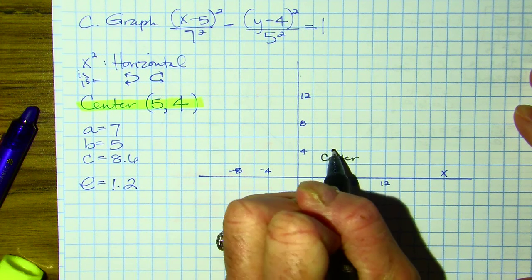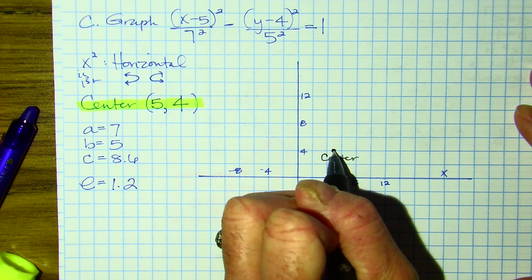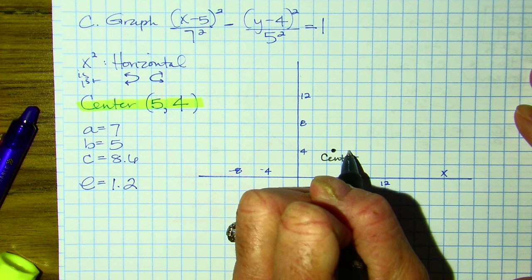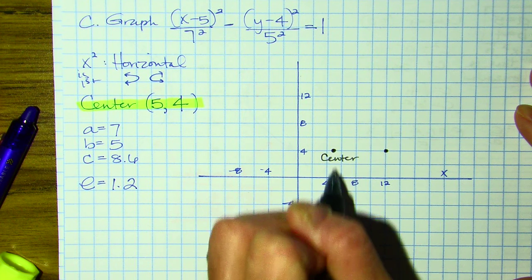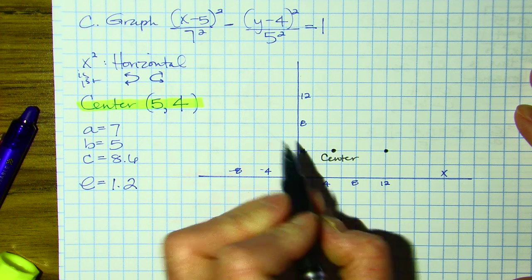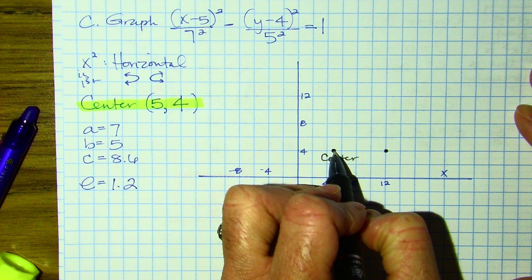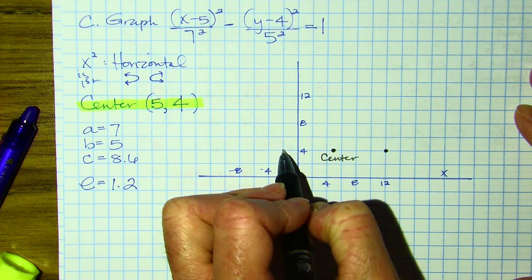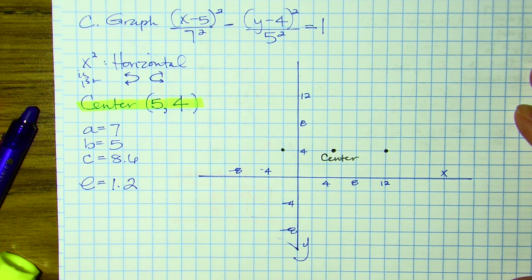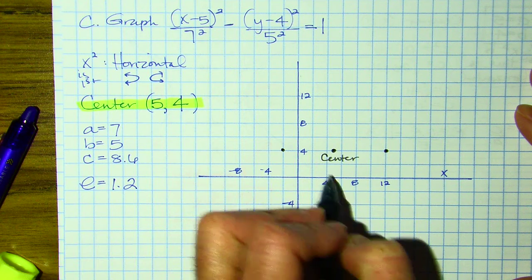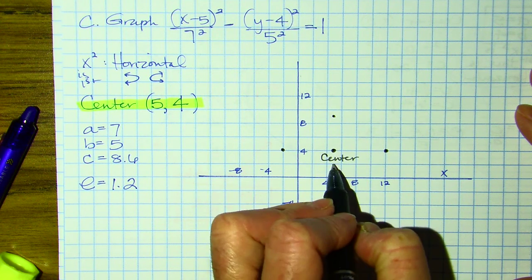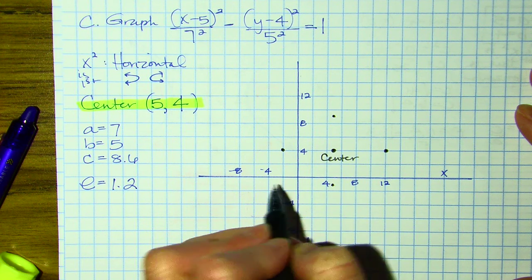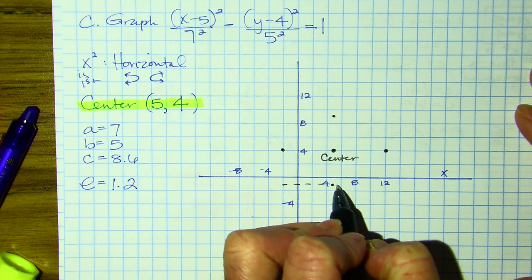A is 7, so remember each box is 2. So 2, 4, 6, 7. Or if I'm at 5, 5 plus 7 is 12. So if I'm going to the left 7, that would put me at negative 2. Okay, and then my B is 5, so 2, 4, 5. And so here is my rectangle.